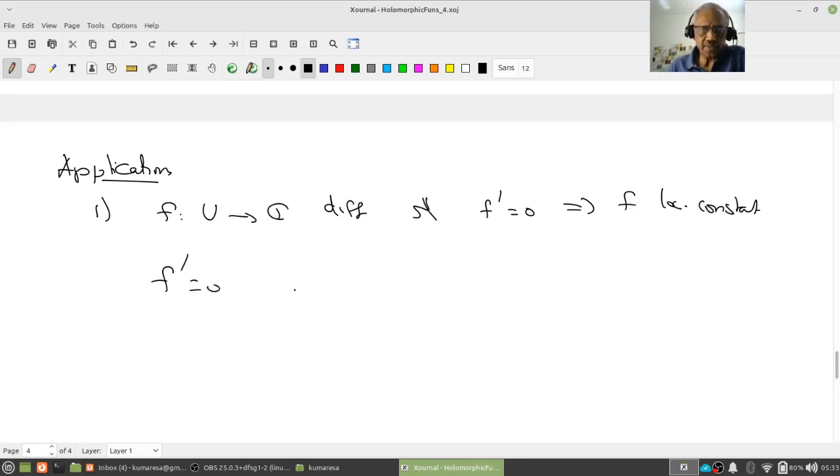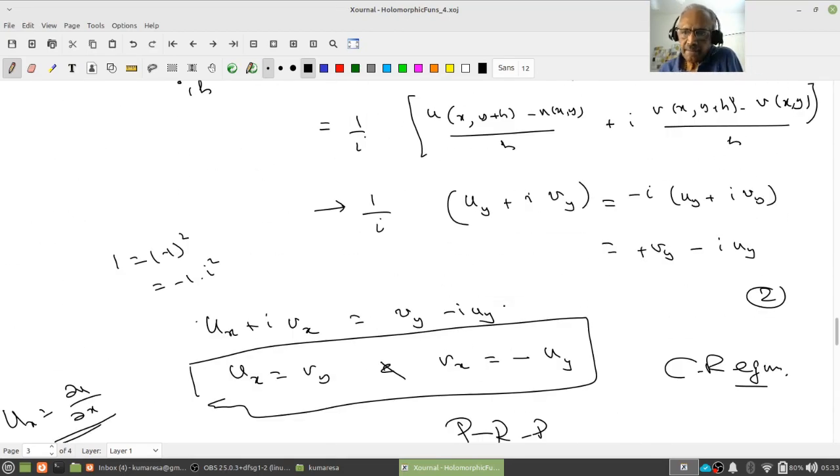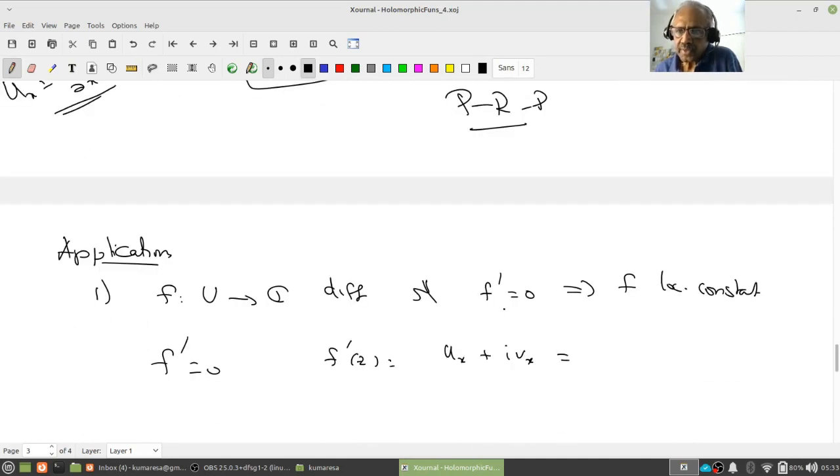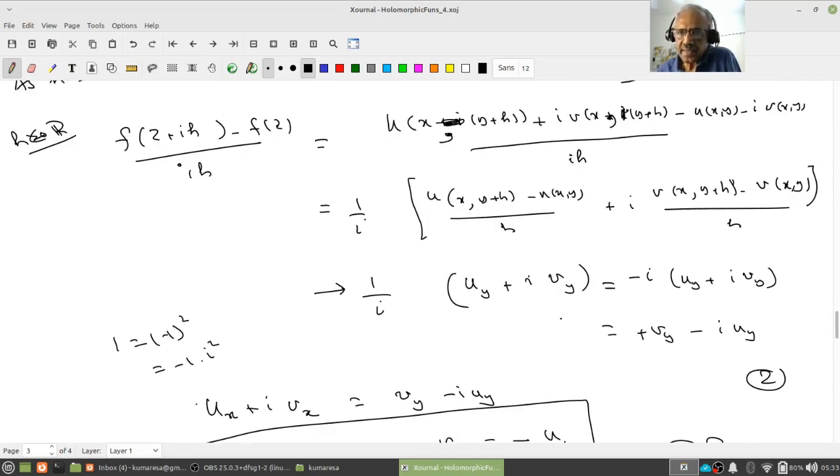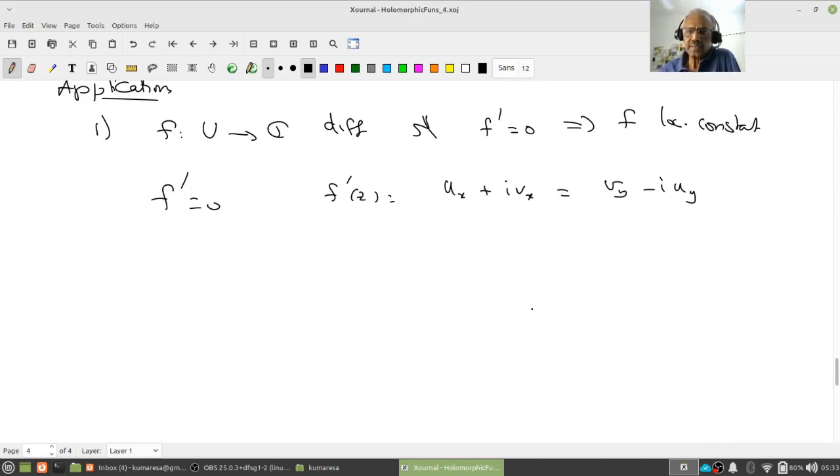What does that mean? What is f dash? F dash of z, as we found, is ux plus i vx, which is also equal to vy minus i vy.